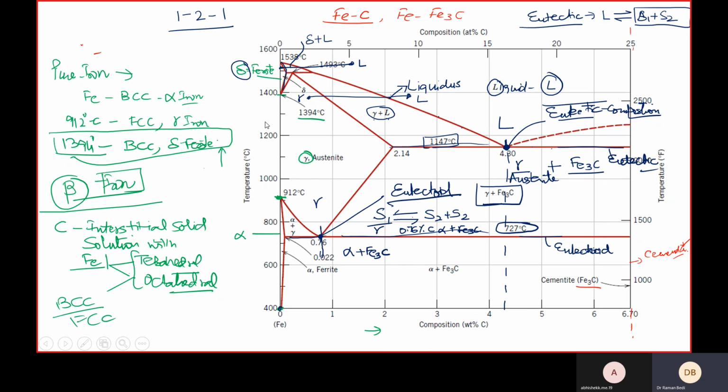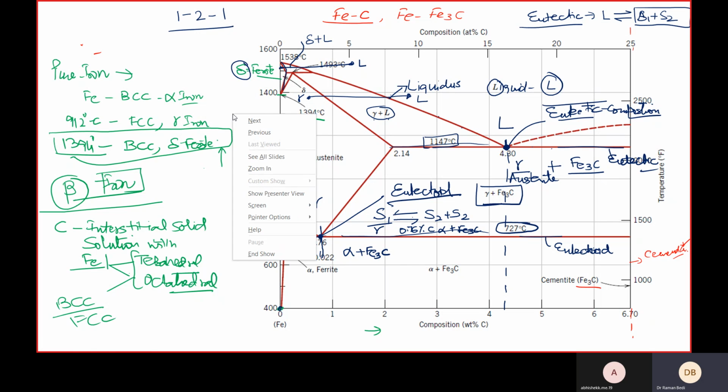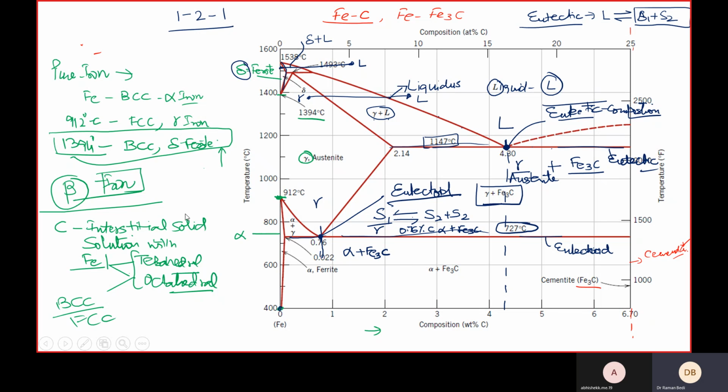There is one more important reaction happening here, which is called the peritectic reaction. Let me just take this away so that there is more space. So we have one more reaction, which is called the peritectic reaction.